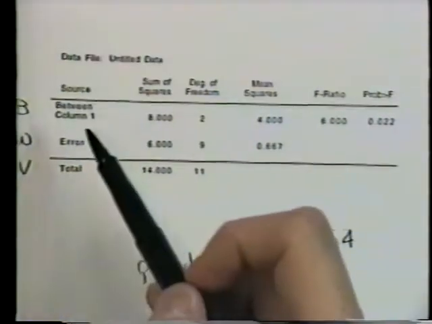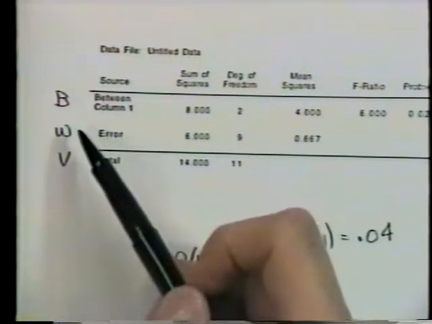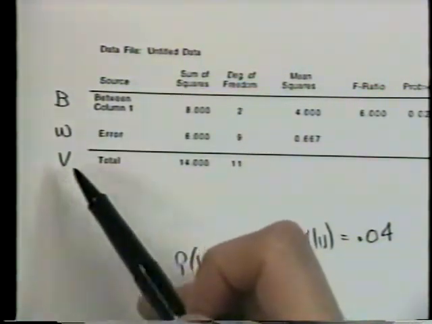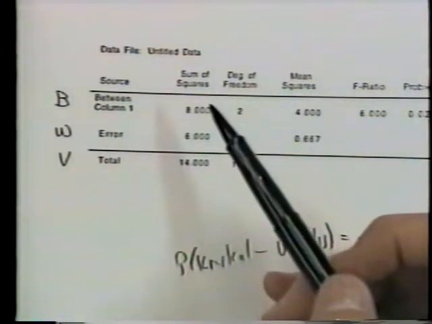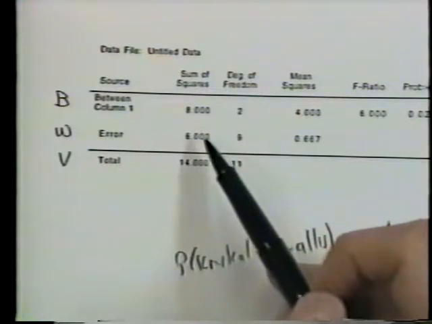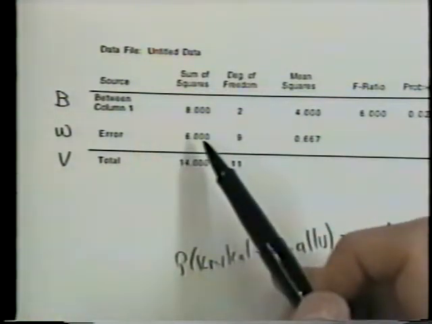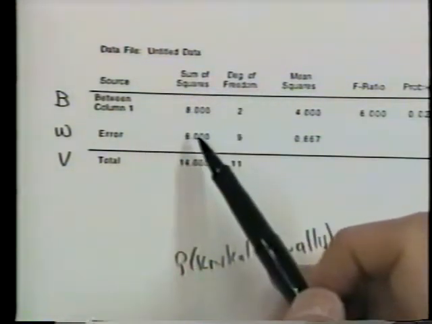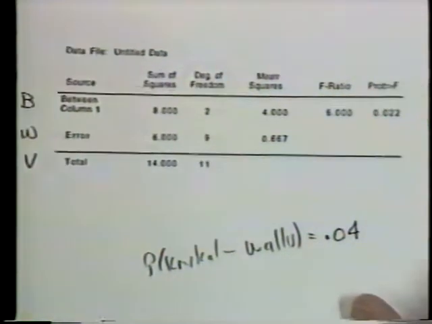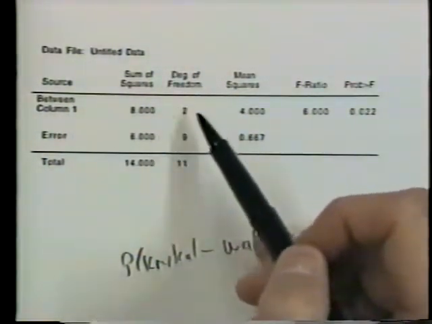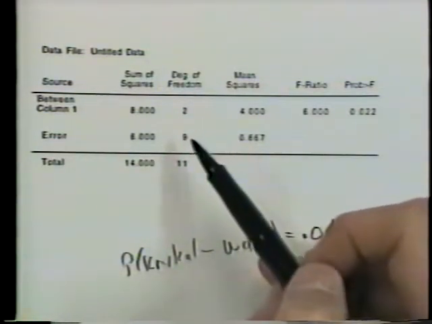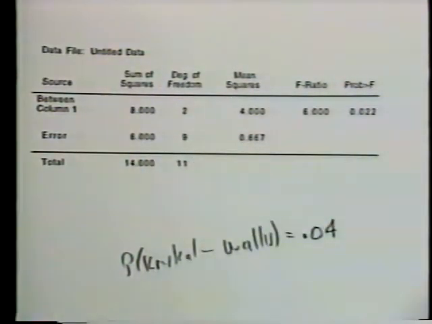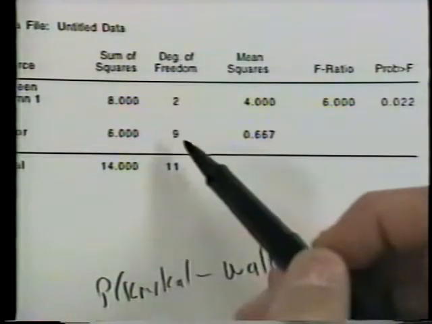So here we have the between variance, the within variance, and the total variance. The sums of the squares was 8. The within variance was 6. You can see the between variance is greater than the within variance. We have 3 minus 1 degrees of freedom here, and n minus 1 times n minus 1 degrees of freedom, which is 6 here, which is 9, 3 times 3.